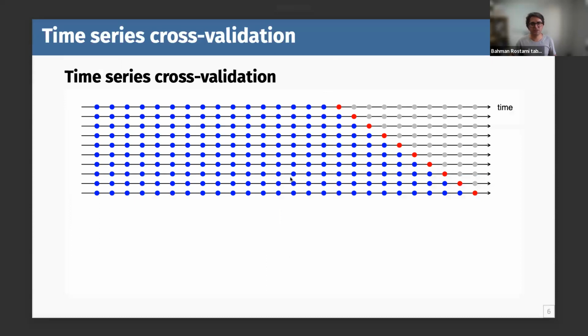In the cross-validation, the blue line here shows the train and the red line shows the test. I have the initial time series, one initial set of blue points. I use this to forecast the next period, and I hide the rest of them, the gray ones.